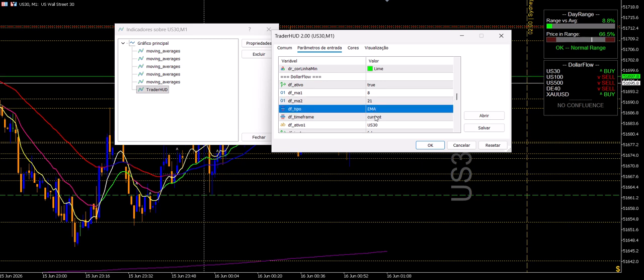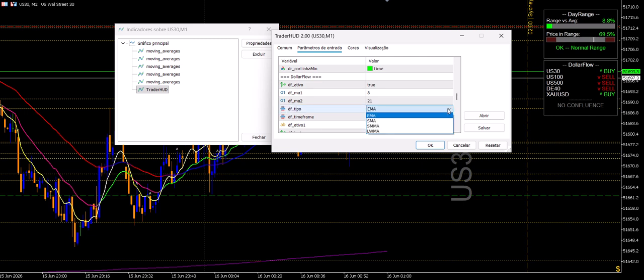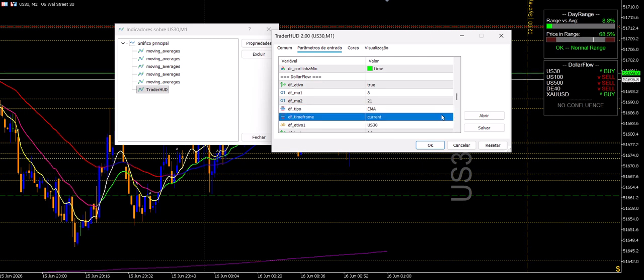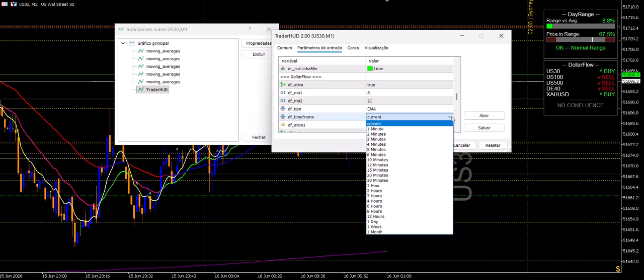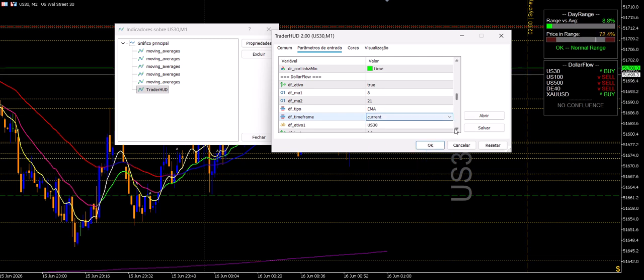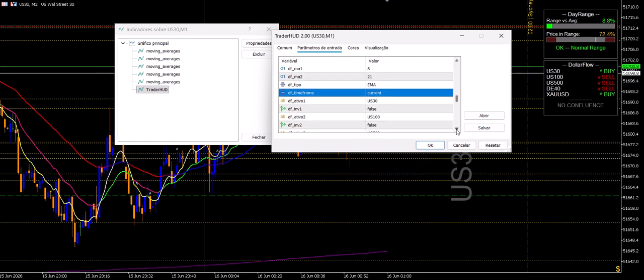Dollar flow, enable/disable. Average 1 of 8, average 2 of 21. Calculation is exponential by default, but you can configure it. By default uses current time frame, but can configure any time frame.